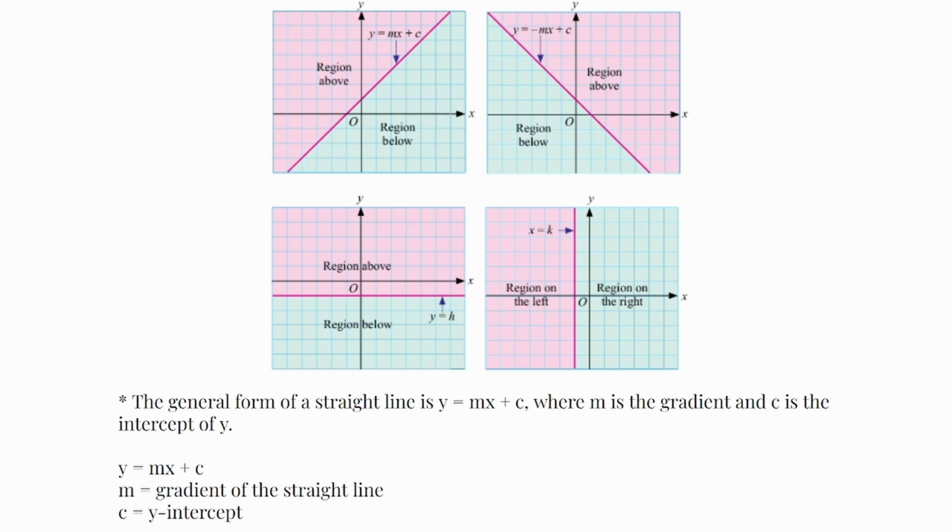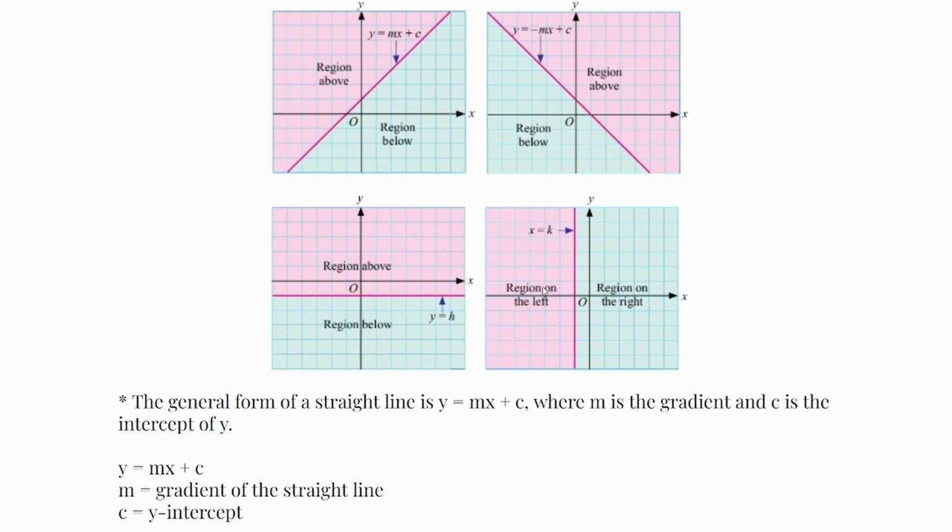So as we can see at the top, the region above is everything above the line, and the region below is anything below the line. Same thing goes for the bottom, y equals h. The region above is everything above the line, and the region below is everything below the line y equals h.